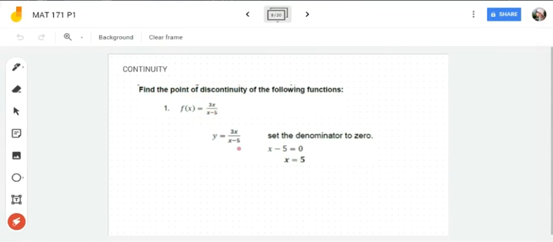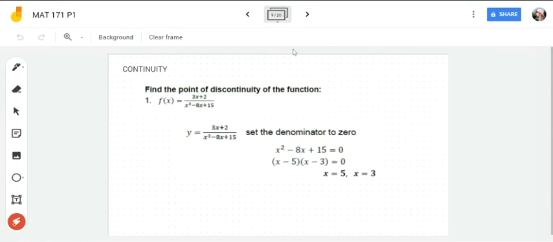Just like in this example, your x minus 5, or your denominator here, you will be equating to 0. So x minus 5 is equal to 0, so x is equal to 5. Therefore, the point of discontinuity of the function 3x over x minus 5 is where x is equal to 5.